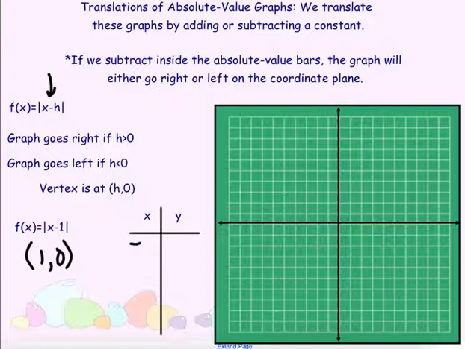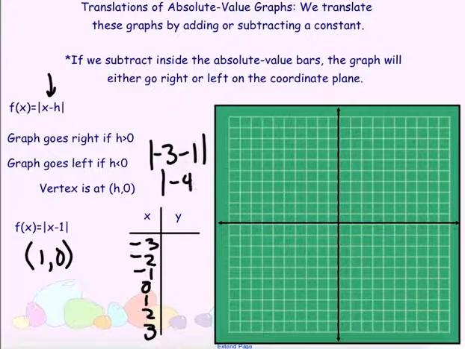We're going to pick -3, -2, -1, 0, 1, 2, and 3. And we plug it in. We have to be careful here. So if I have the absolute value of -3 minus 1, that means I have the absolute value of -4, so I get 4. Absolute value of -2 minus 1 is going to be -3, so we get 3.